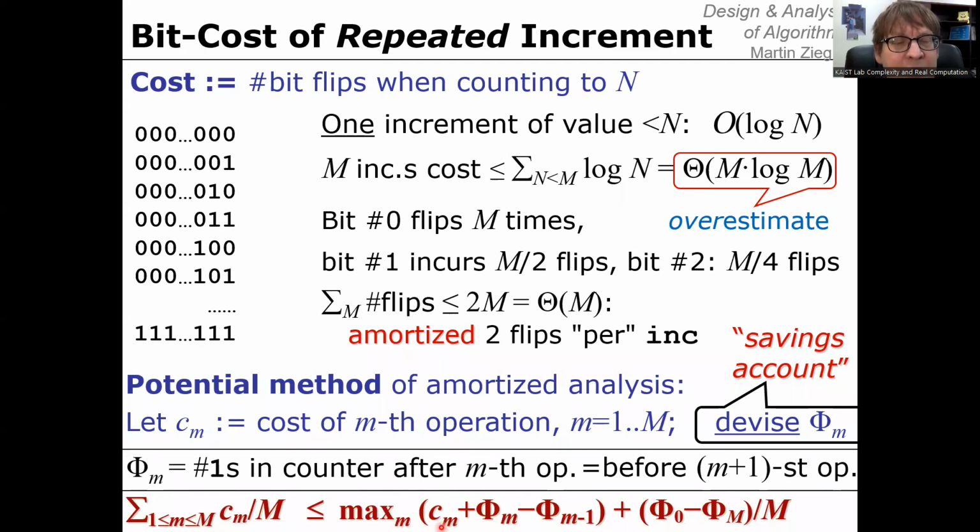verify that the cost of the increment, which may differ, right, plus the difference between the number of ones after and before the nth operation, this is always equal to 2. Constant. So let me say that again. The number of bits that flip from the (m minus 1)th to the mth operation, plus the difference in the number of ones, which, as you recall, is our bank account balance policy.